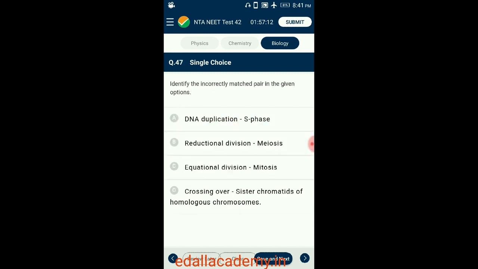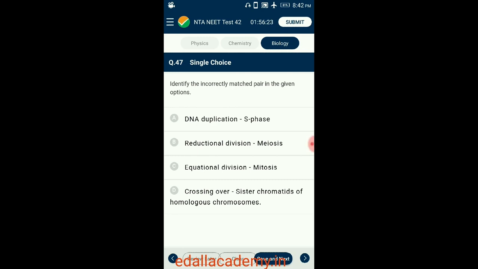Question number 47. Identify the matched pair in the given options. In the cell cycle process, S phase is the part of the interphase stage. In this phase, the DNA of the cell is duplicated, marking the decision of the cell to enter the divisional stage.